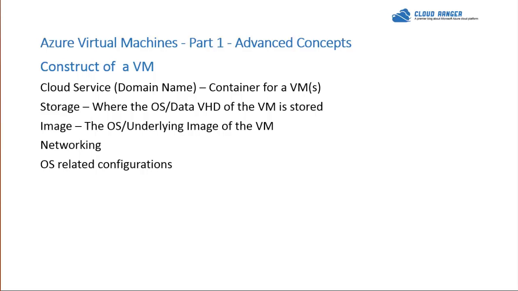So if you want 2012 or 2008, or if you want Linux, or if you want some appliance, those images are already provided to you. This is sort of like the virtual appliances you get on your Hyper-V or your VMM or VMware, but it's also like a pre-built VHD, like a template that you use to deploy your operating system. This is no different, and we'll get into details of this as well.